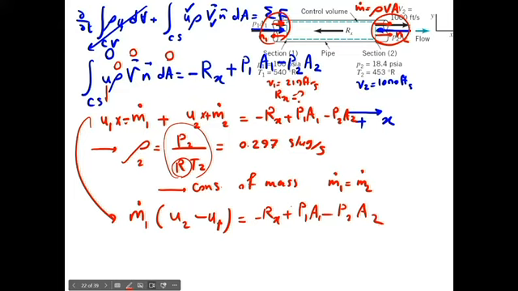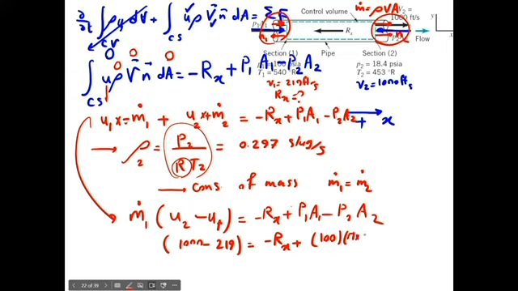If you replace all the data that you have, U2 was 1000, U1 was 219. Rx, you want to find that. P1 is 100. Area 1, the diameter, you have that.